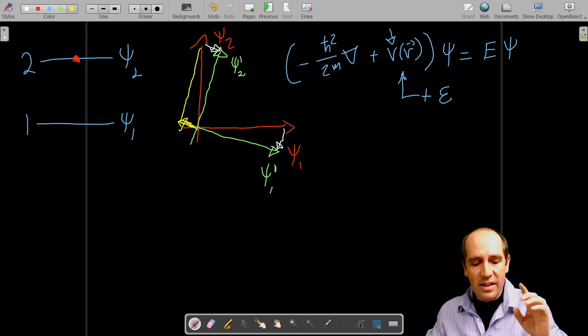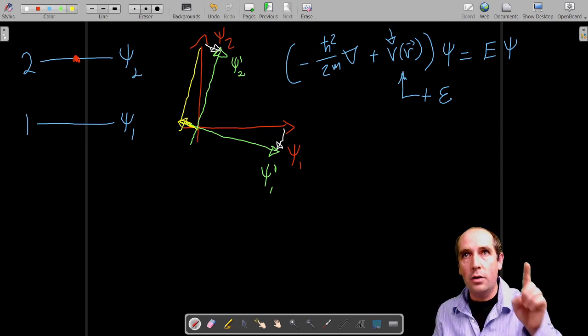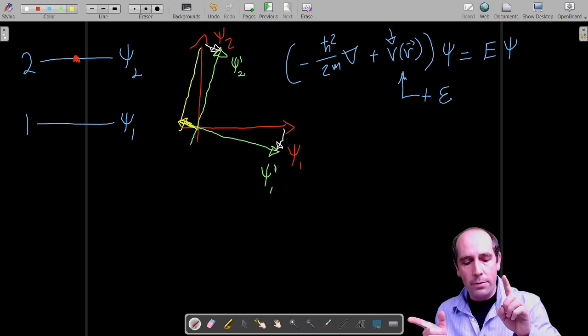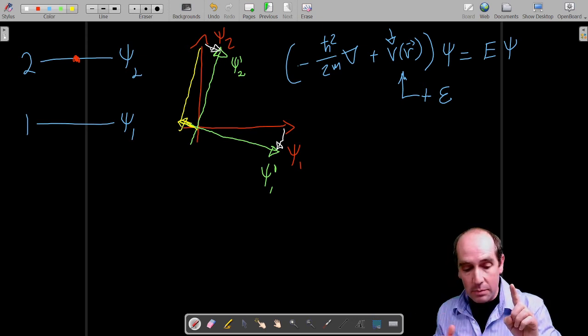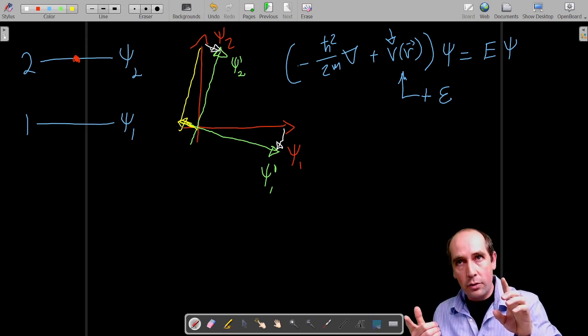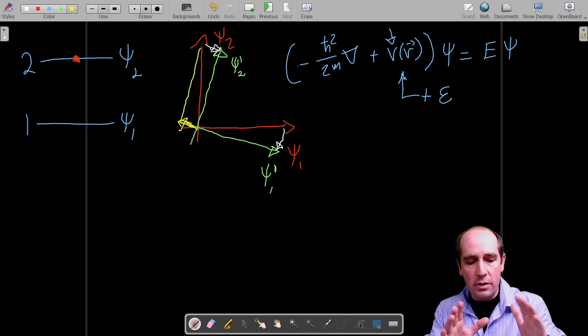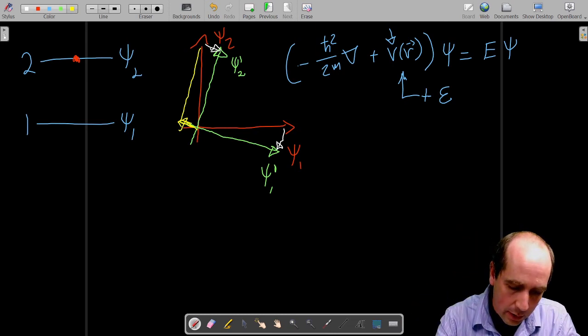So now if the system is in state psi2, but the eigenstates of the system are psi2 prime and psi1 prime, now the probability of finding it in psi2 prime is very high, of course, because the projection of psi2 on psi2 prime is very big.